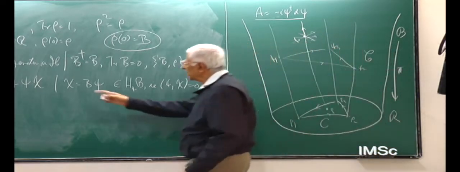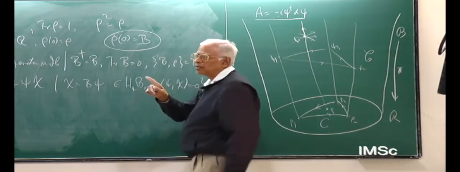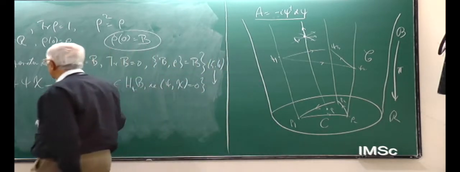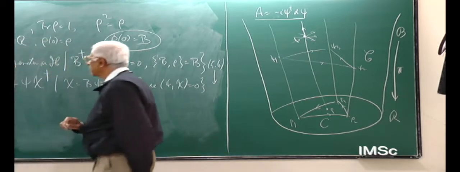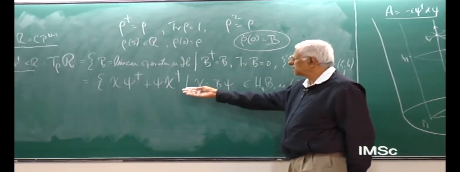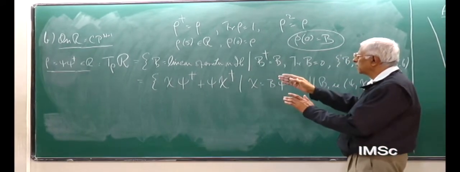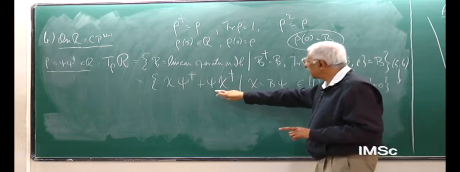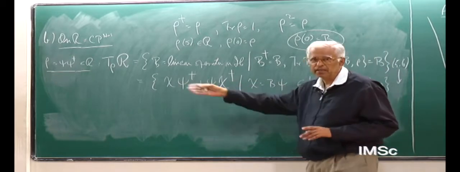First, let us see that all these conditions on B are obeyed. Is the hermiticity obeyed? This is obviously Hermitian, right? Chi psi adjoint, which is an operator, it's not an inner product, plus psi chi adjoint. This is Hermitian.